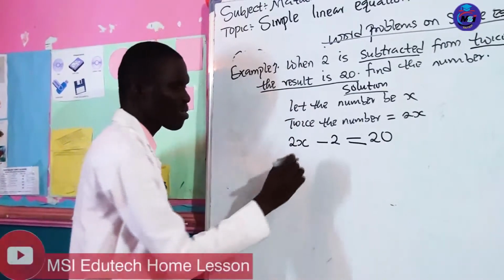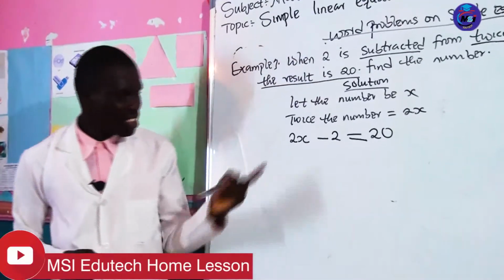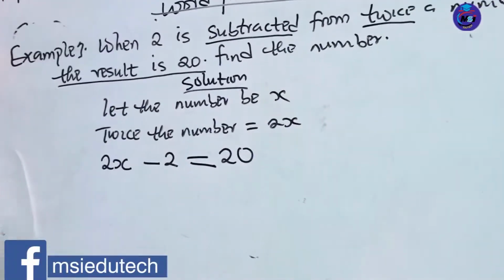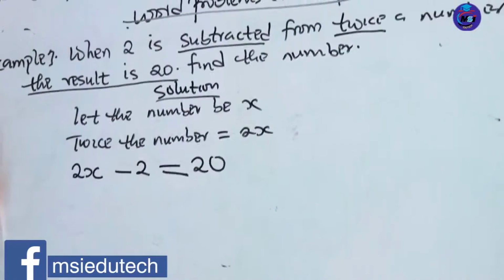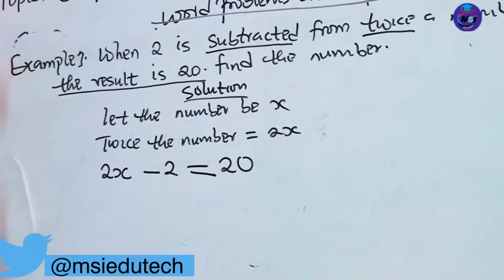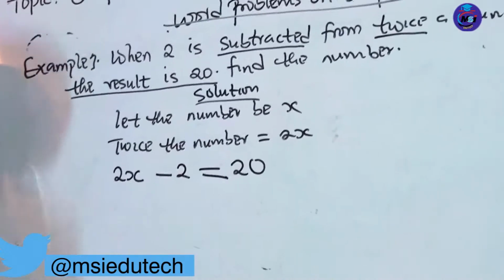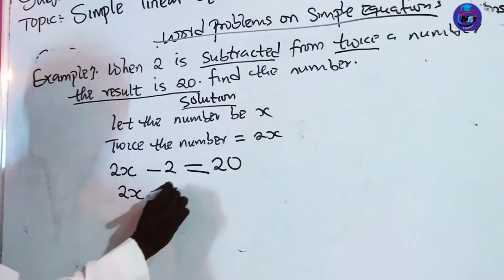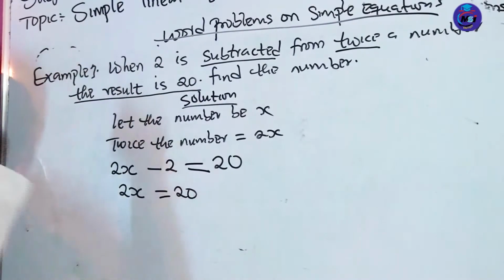The result is 20. And since the result is 20, what happened? We have to find the value of x, which is that number. Am I right? We have 2x equals 20.